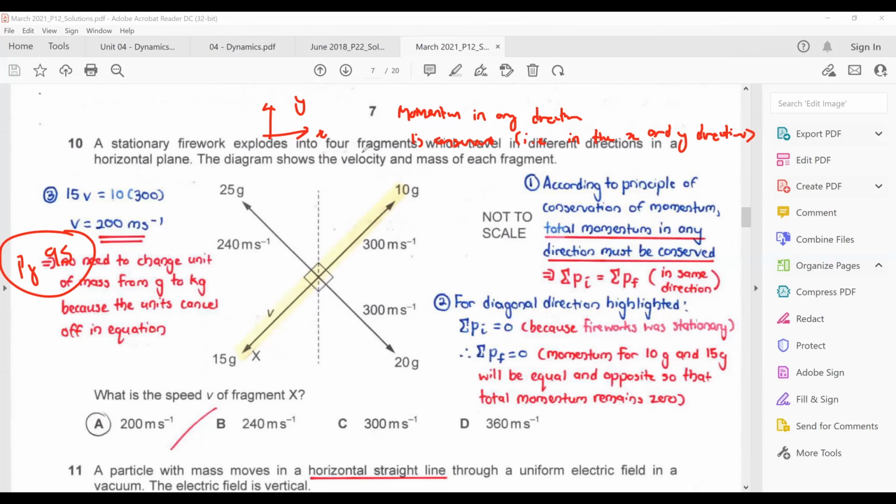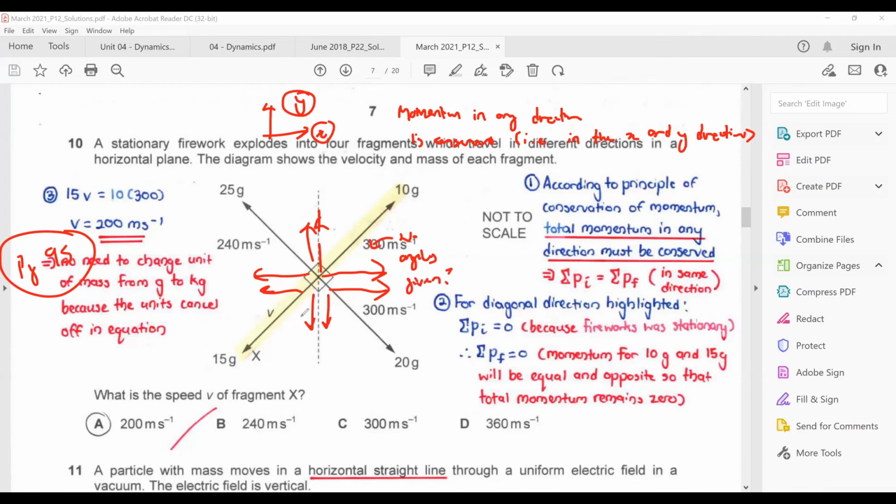If you try to do the conservation of momentum for this question now, by trying to resolve the momentum in the x and y direction, you will have some problems trying to resolve them. One of the problems is that notice that you have no angles given, right?